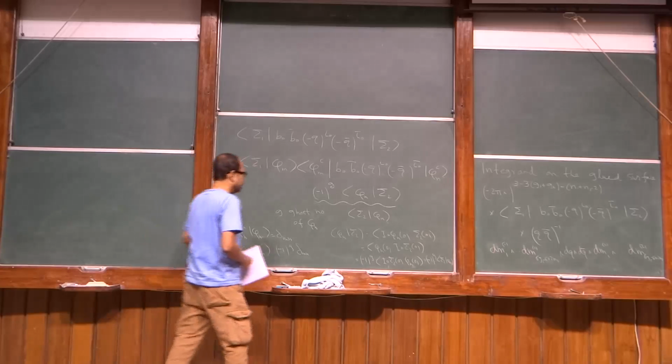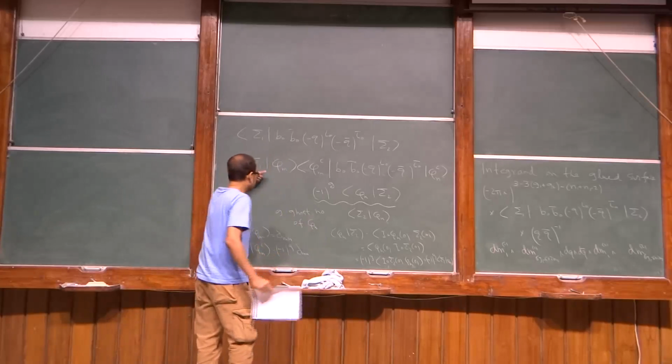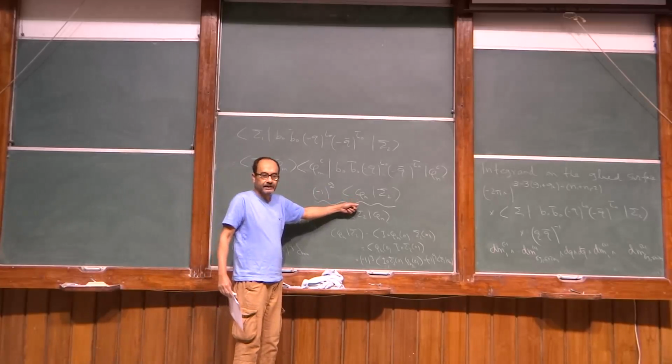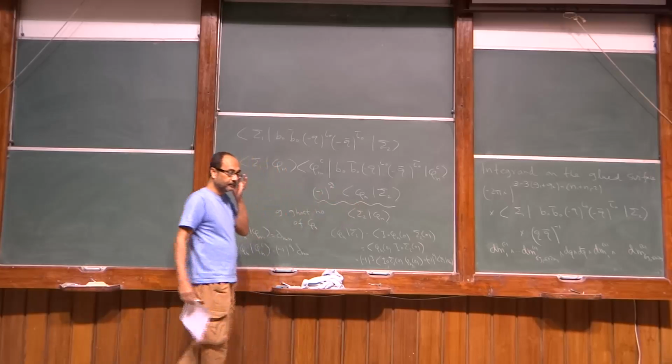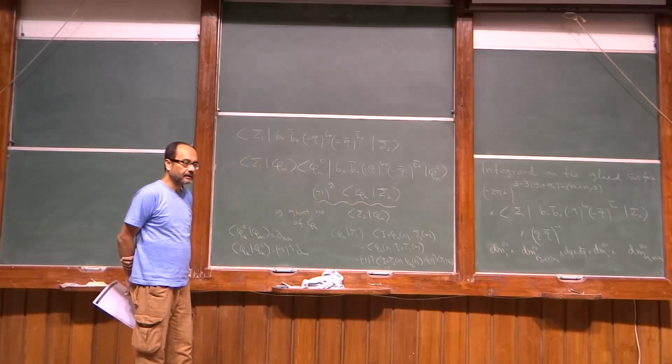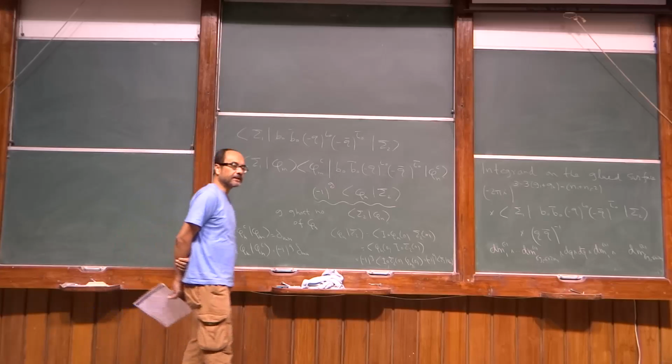But now you see you are in business because each of these has an interpretation as a correlation function on lower genus surfaces. Like the complete set that is inserted here. Yes. Is it in the Hilbert space of the combined G1 plus G2? No. The complete set is on the sphere.